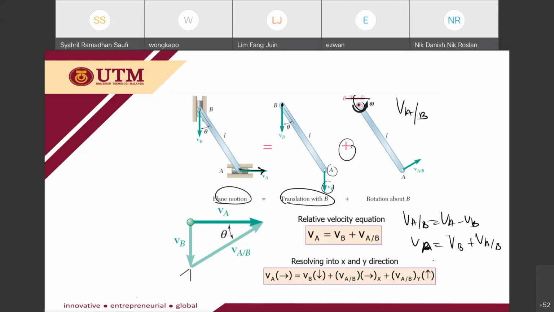So you can form the triangle and you can calculate the velocity of A and B for this rigid body.